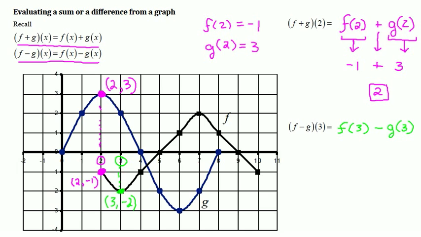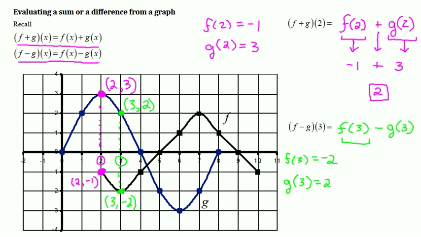So I see that f of 3 is equal to negative 2. And then doing the same for g, I can see the point 3, positive 2, and therefore g of 3 is equal to positive 2.